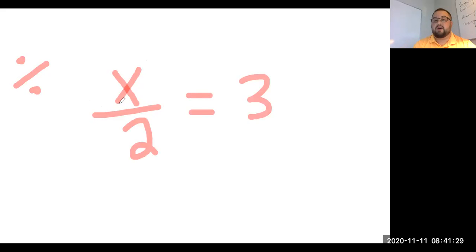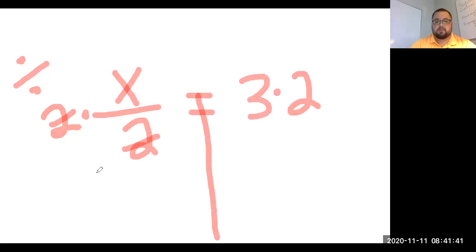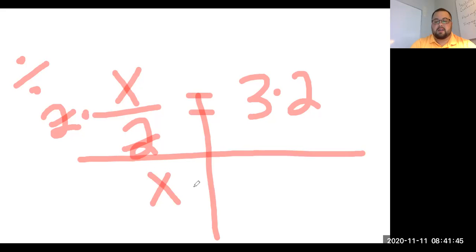So if we are dividing, our opposite here would be to multiply. So we're going to multiply both sides by our denominator here of 2. They cancel out. Draw my river, make my line. So then x is going to equal 3 times 2, which is 6.